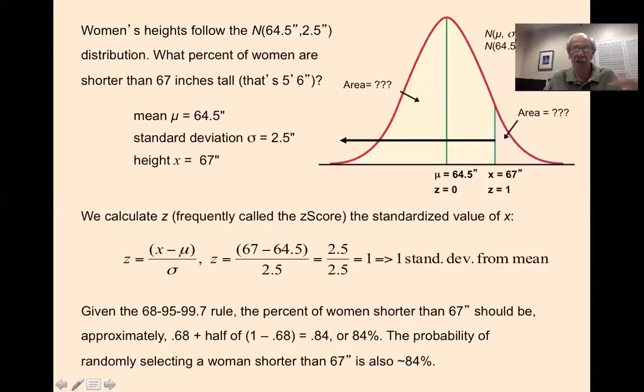You can just add those numbers up from the table. How do I get that? Well, to the left of the mean is 50%, and from the mean to 1 standard deviation is 34%. So 50 plus 34 is 84. Okay, so that's how you can work those problems.